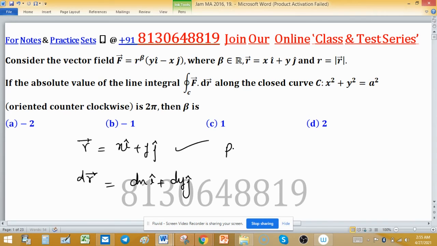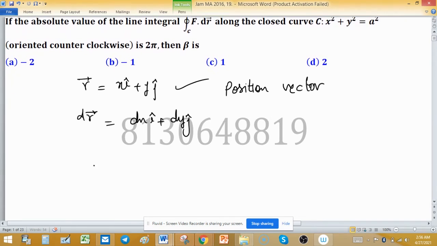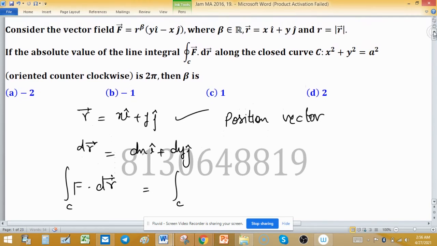This is the position vector we normally know, and we have to find F dot dr. So it will be along the curve C, as C is x square plus y square, and vector F. What is vector F? r raised to the power beta, and what is r?